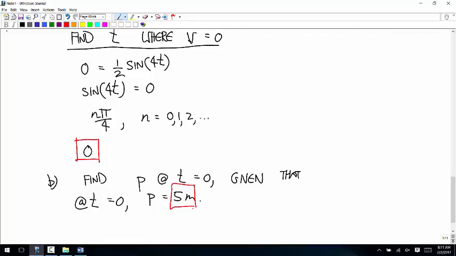But if the time when it changed directions was something different than 0, what you would have to do for part B is integrate that velocity function and then use the boundary condition to find the position function, and then plug in the time. Any other questions about that one? Any other homework questions?